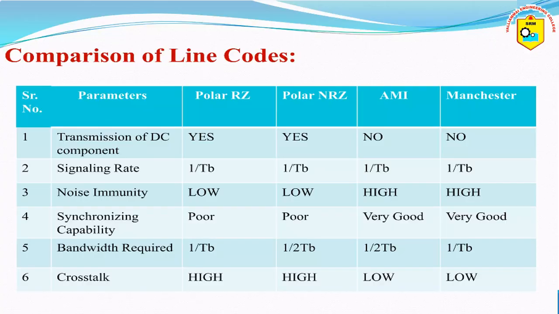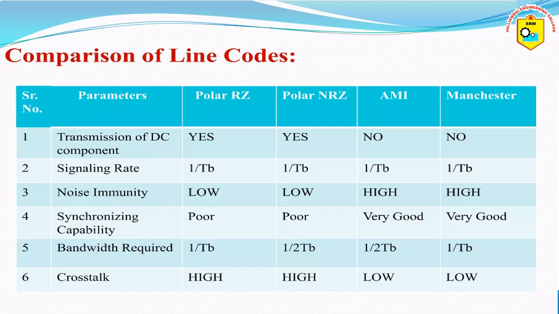So finally, the comparison of line codes. When we compare the line codes with the four types, that is polar RZ, polar NRZ, AMI and Manchester, the transmission of DC component is possible in polar RZ and polar NRZ, whereas it is not possible in AMI and Manchester type. And the signaling rate is the same for all types of line coding, that is 1 by TB.